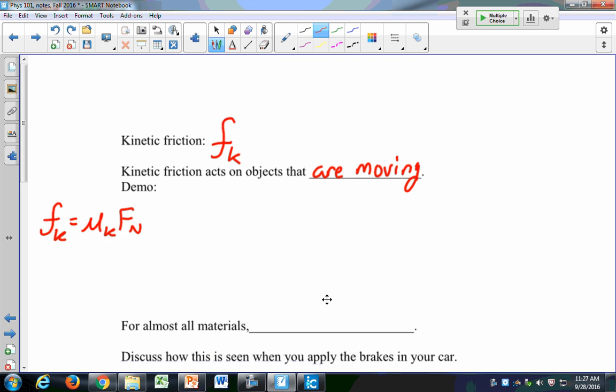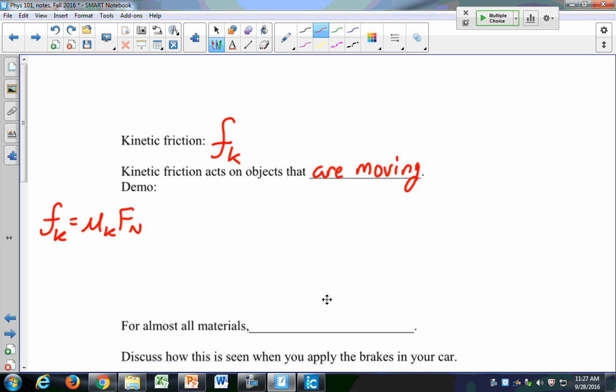As I push on this thing 10, 20, 30, 40 newtons, it still doesn't move, but then I exceed the maximum static frictional force, then it starts moving, and that's going to cause kinetic friction to come into play.